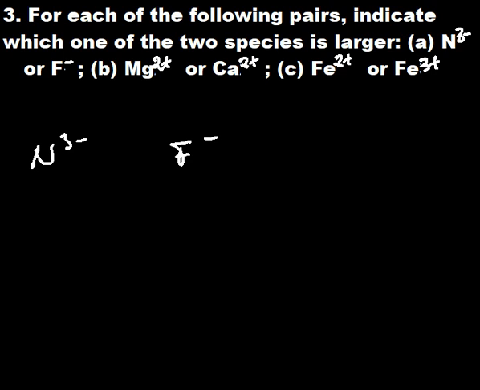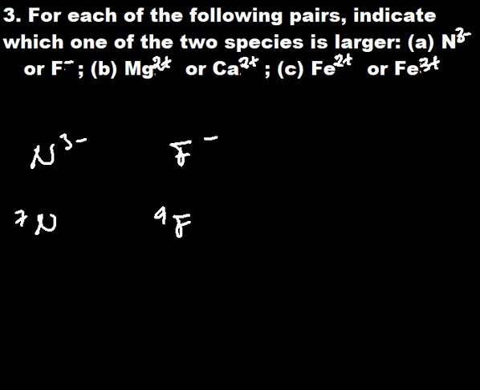As it stands, we should consider that these 2 ions are in the same period. Nitrogen has 7 electrons, and fluorine has 9 electrons. They have the same number of shells.